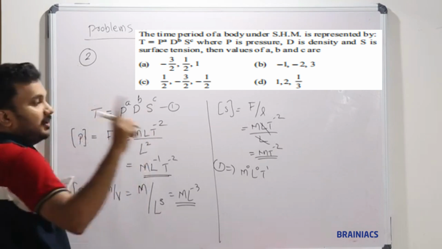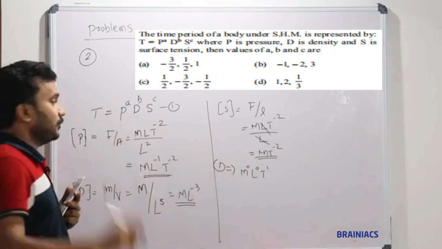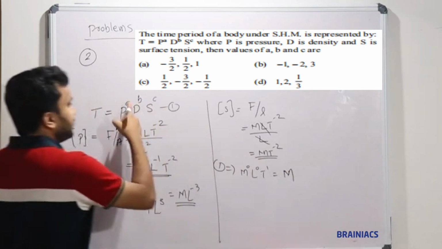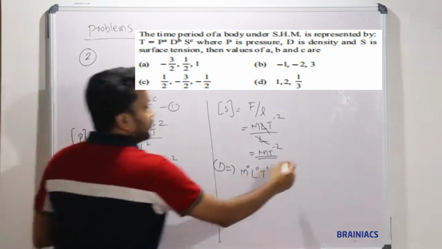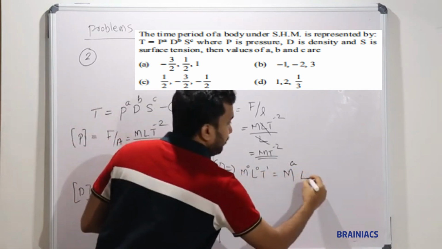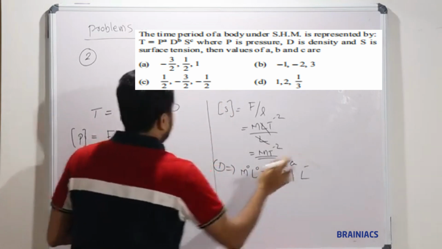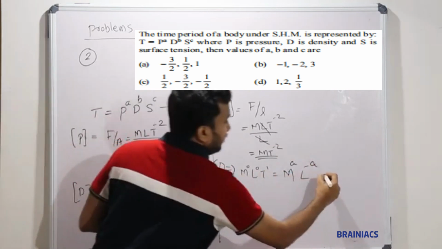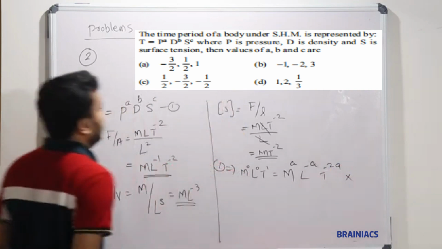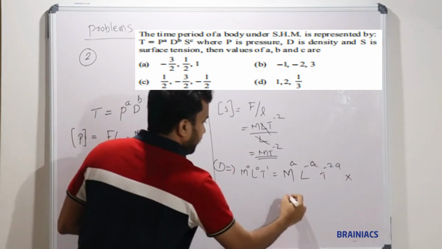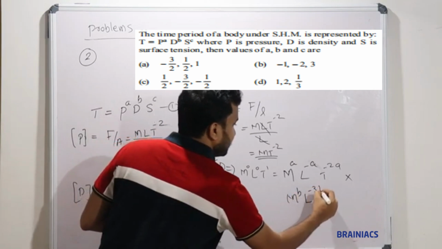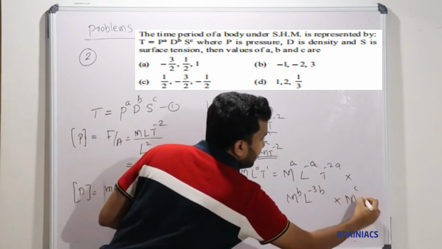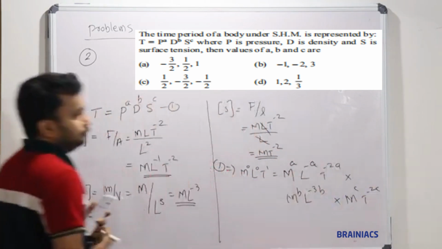Time period means only time is available, mass and length are 0. On the right hand side, the pressure formula we know is M power A, L power minus A, T power minus 2A, multiplied with density M power B, L power minus 3B, multiplied with surface tension MT raised to minus 2, so M power C, T power minus 2C.